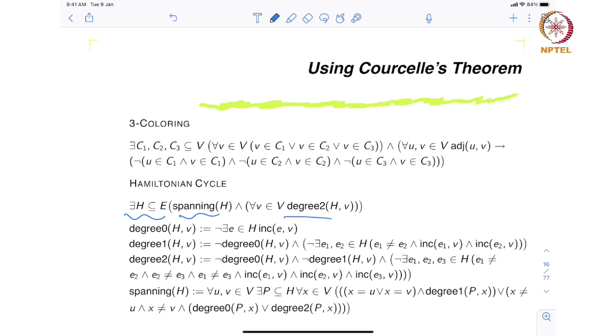I will provide these slides, you can go through them. This is a slightly bigger formula, but what is interesting is that the length of all these formulas is constant, you can just count all these things. Which implies that all these problems, like 3-coloring and Hamiltonian cycle, are FPT parameterized by tree width.